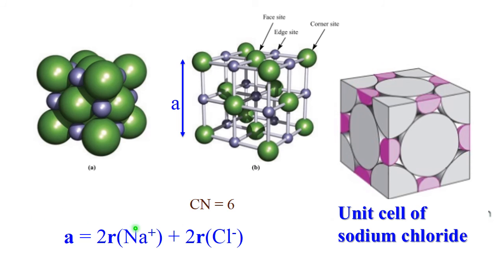So when you know the side of this cell, you know total of sodium and chloride. If you know one of them, you can calculate another radius. Coordination number is 6.